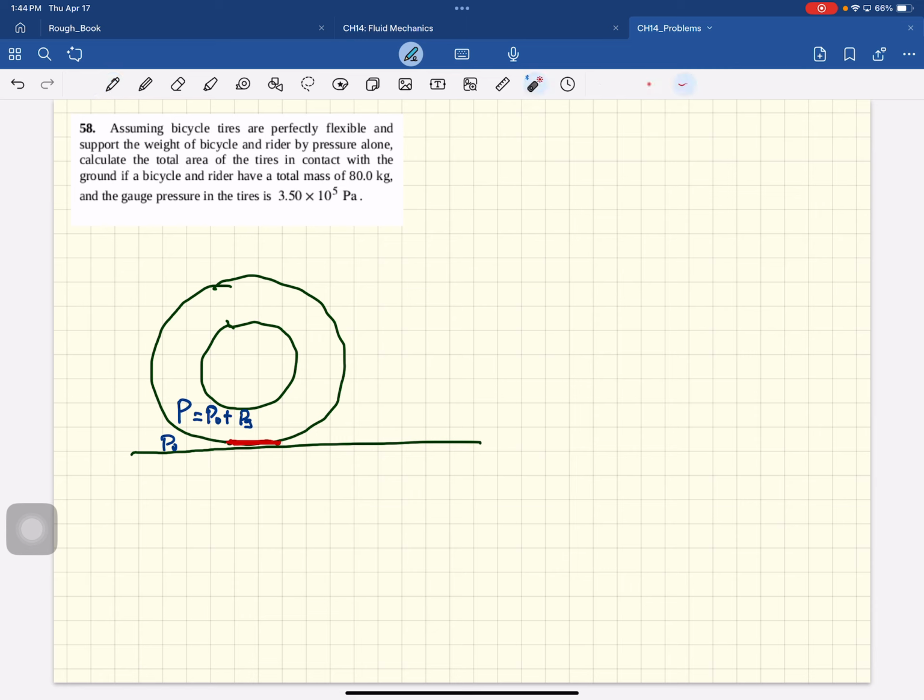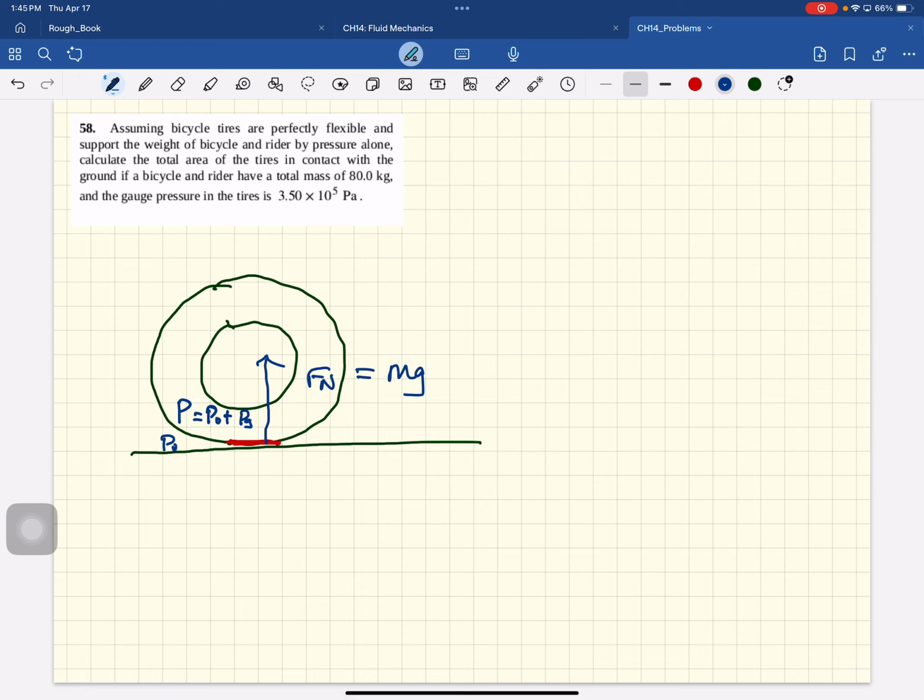That portion of the wheel is at rest. Well, there's the weight of this guy, and the ground pushes this piece of rubber up with a force equal to the weight. Okay, so the ground is pushing, the normal force is equal to the weight being supported.